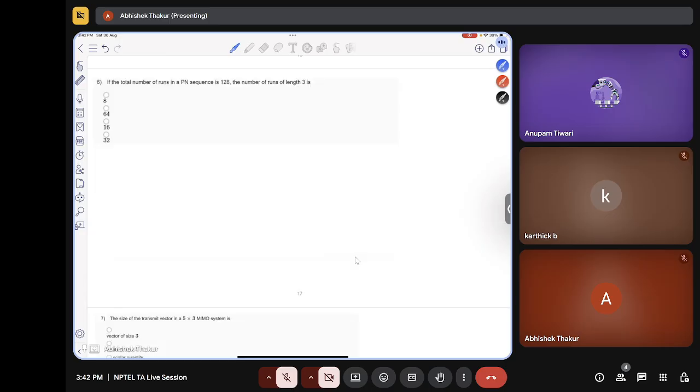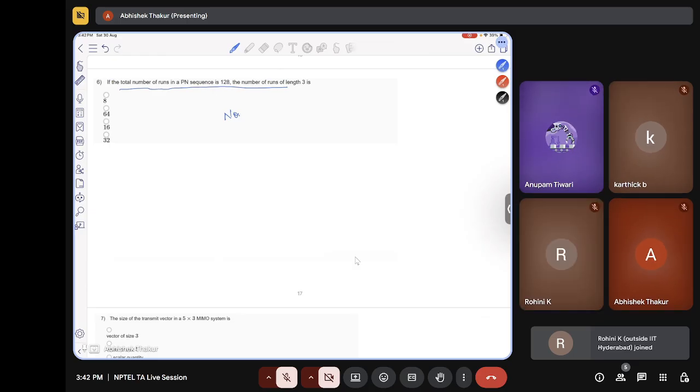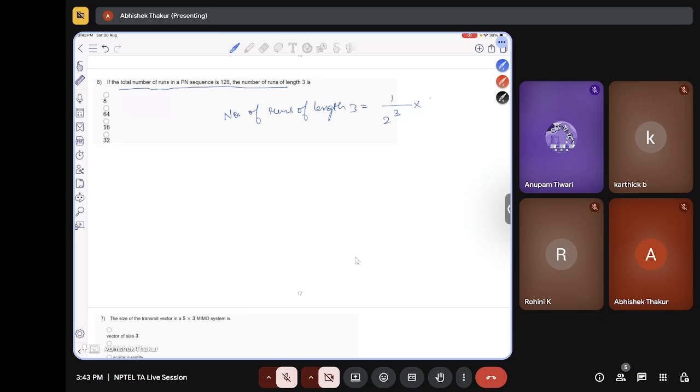Now coming to question number 6, that is based on the properties of PN sequence, what we have studied yesterday. If the total number of runs in PN sequence is 128, then the number of runs of length 3 is. So number of runs of length 3 is equal to 1 by 2 to the power of 3 into total number of runs, that is 128.